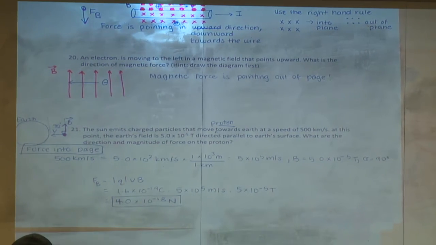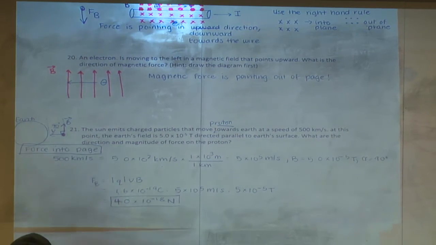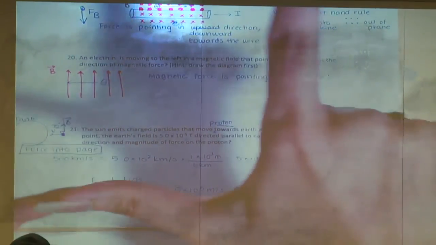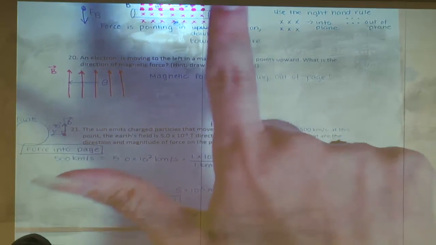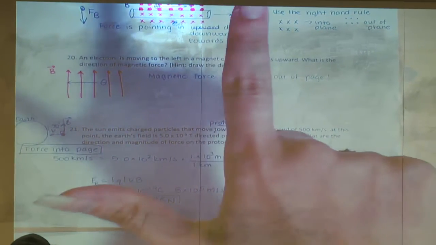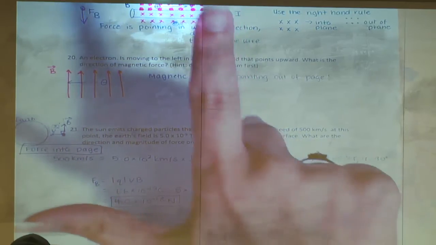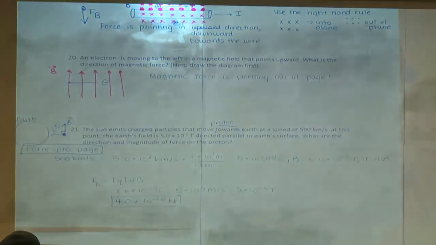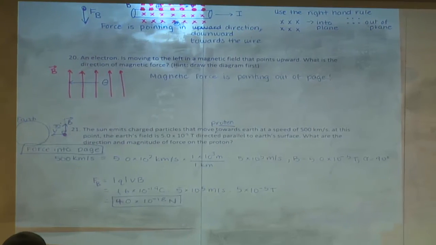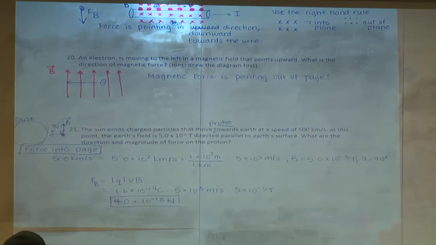Because the magnetic field is moving upwards, right, like this. So this is current, and this is magnetic field. And then if I just use the other finger to calculate the force, it tells me that it's going to be into the page. Does that make sense? Okay.